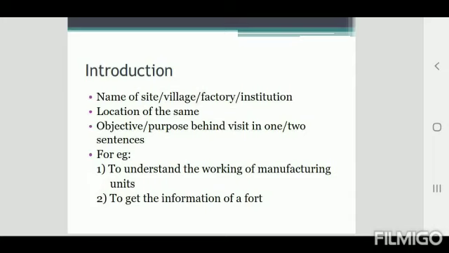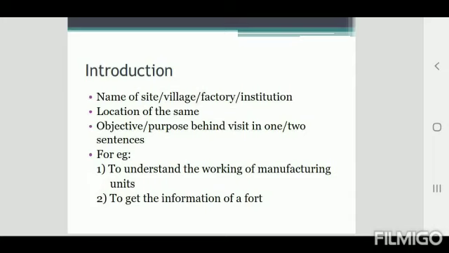state and then country. Then what is the objective behind visiting that particular site? It should be mentioned very clearly. For example, to understand the working of manufacturing units, you are visiting a factory. To get information about a fort, how it was built and what are the important characteristics of that fort.